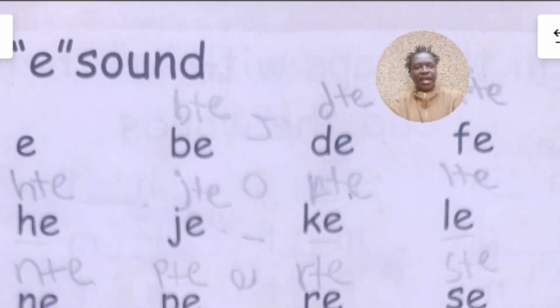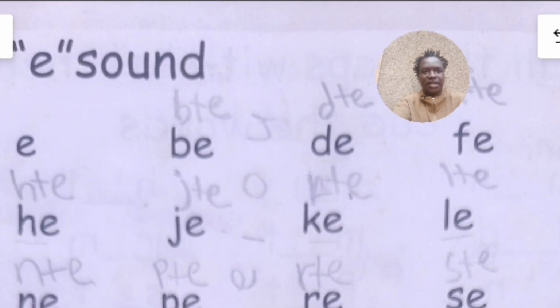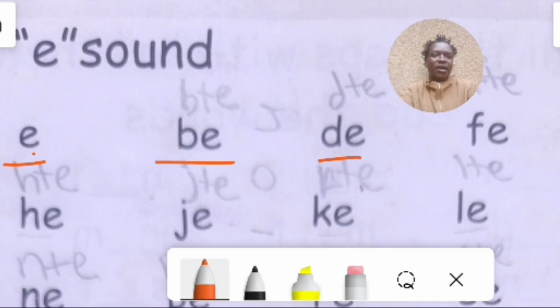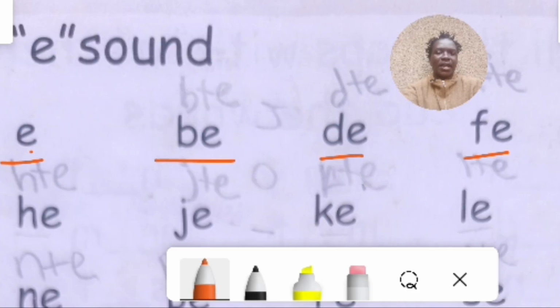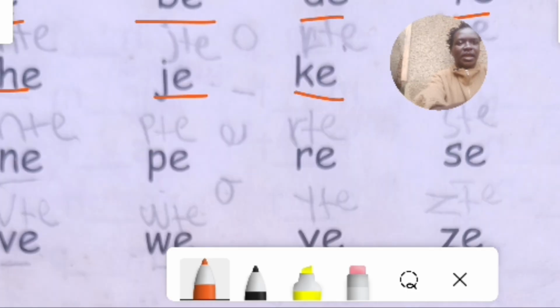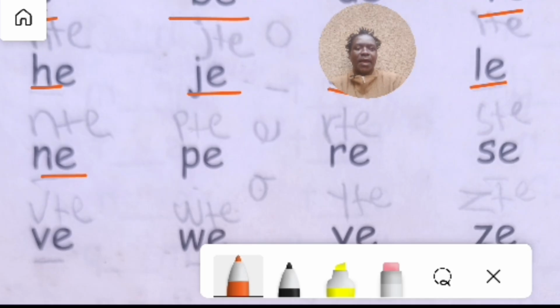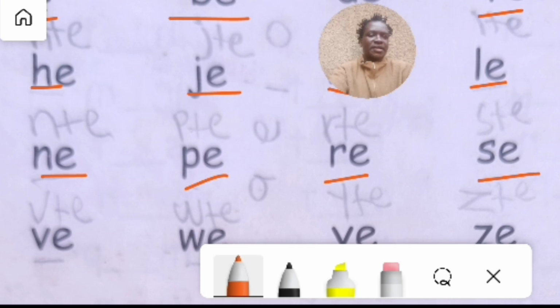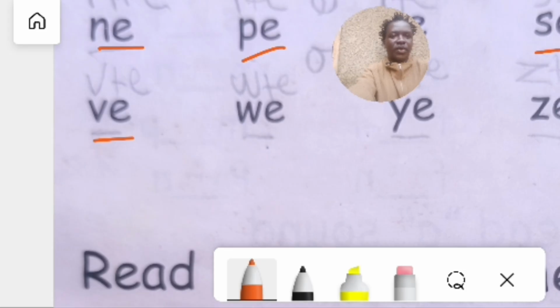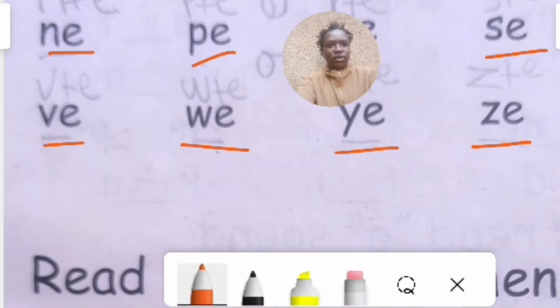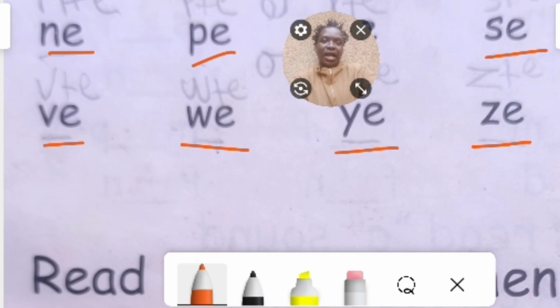We can see that we have a sound even if it's written E, but it is not E in reality, it is A. Here we have A, B, D, F, G, H, J, K, L, M, N, P, R, S, T, V, W, Y, and then Z. I already taught this in other videos, so you can go back and check and then watch.